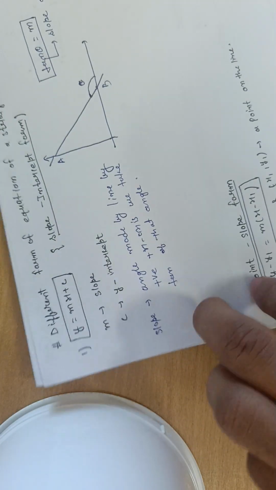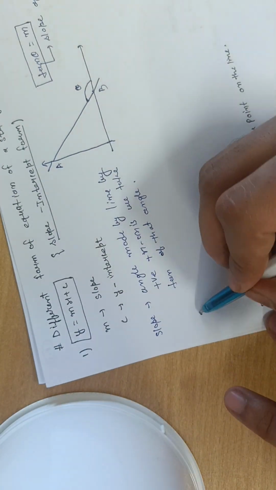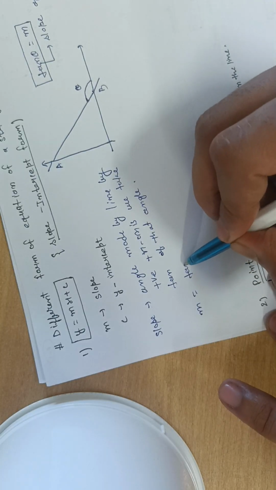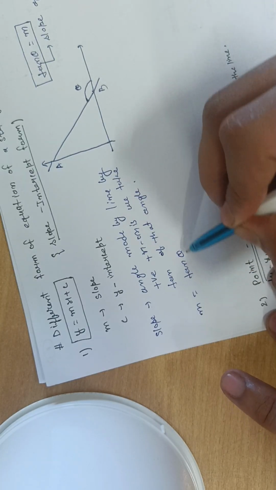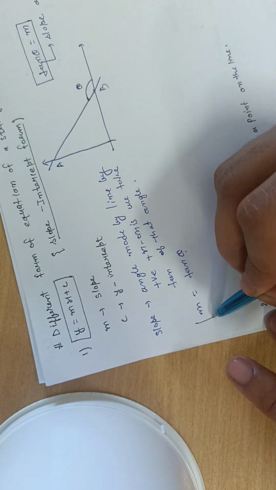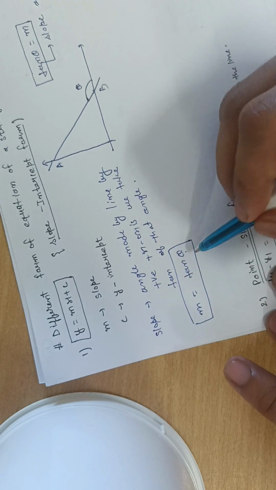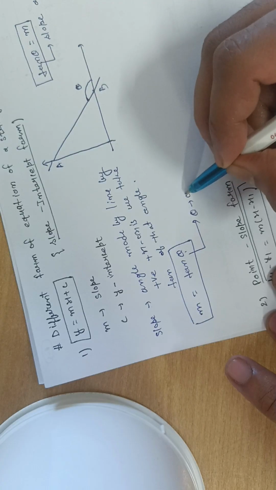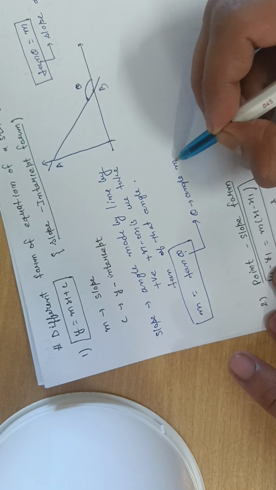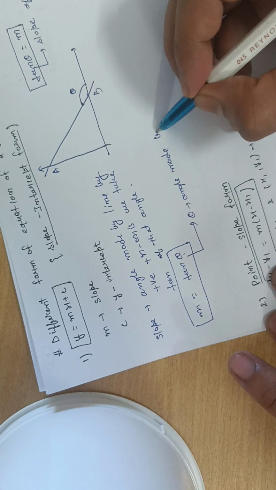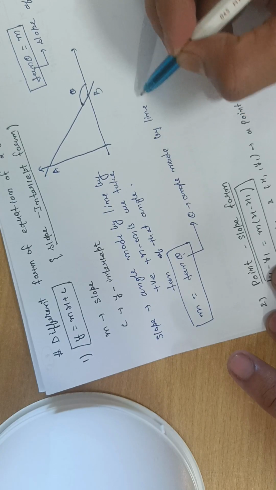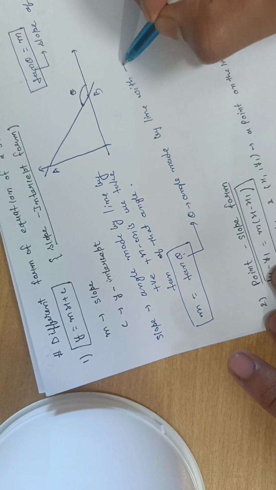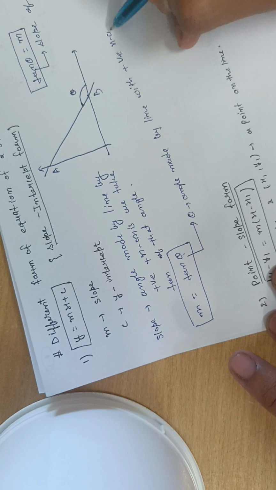The above definition, mathematically, we write as tan theta, the tangent of theta. Theta is basically the angle made by the line with the positive x-axis.